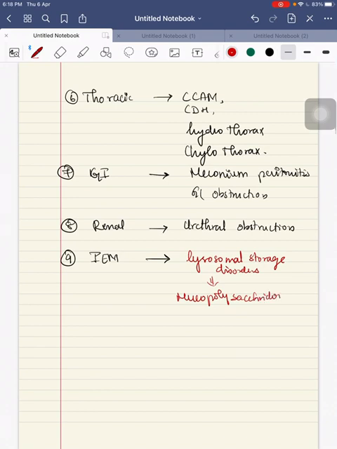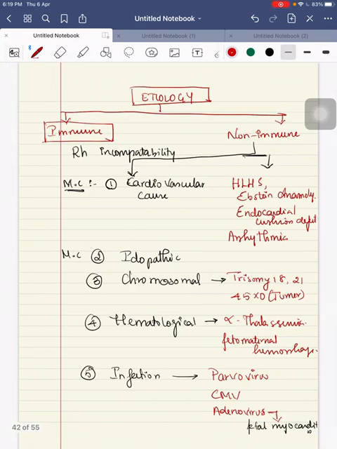In lysosomal storage disorders, it can be mucopolysaccharidosis type 7, or it can include Gaucher's disease, and GM1 gangliosidosis. These are the causes of non-immune fetal hydrops.